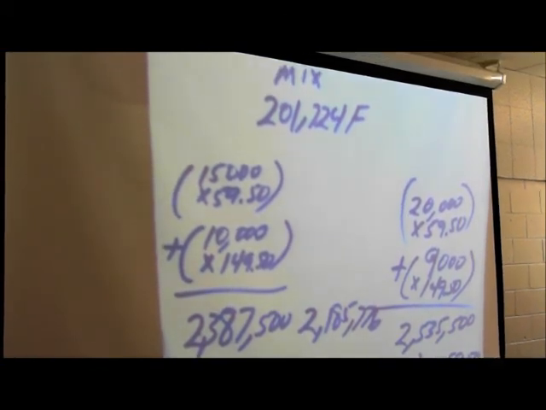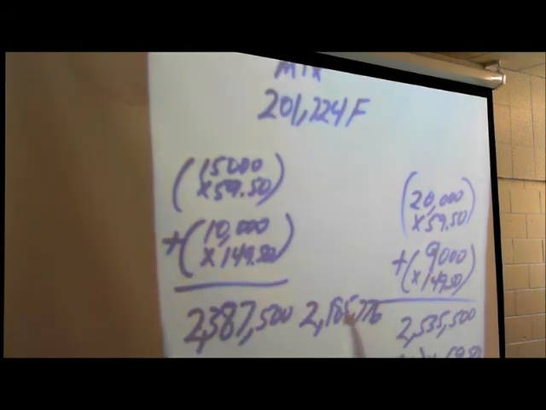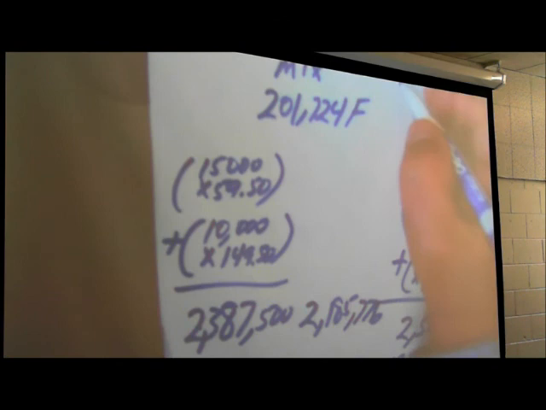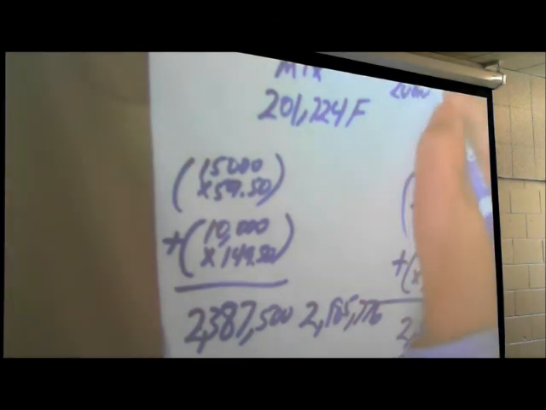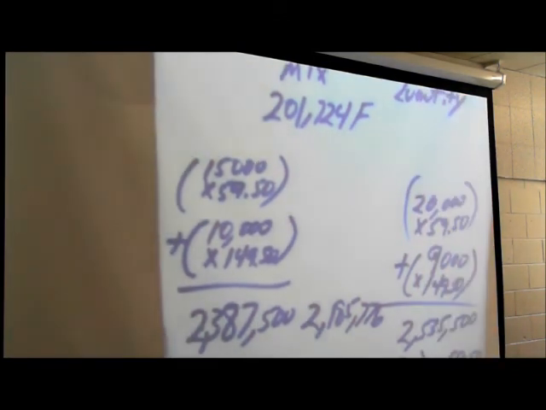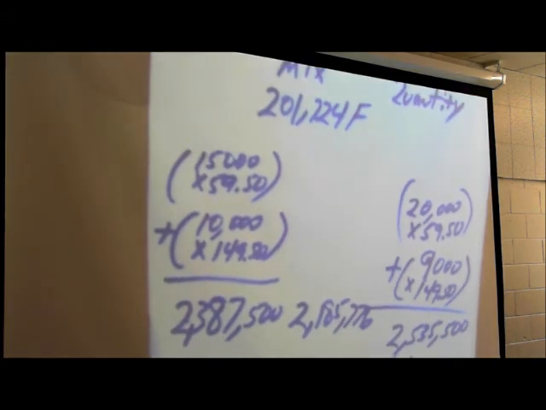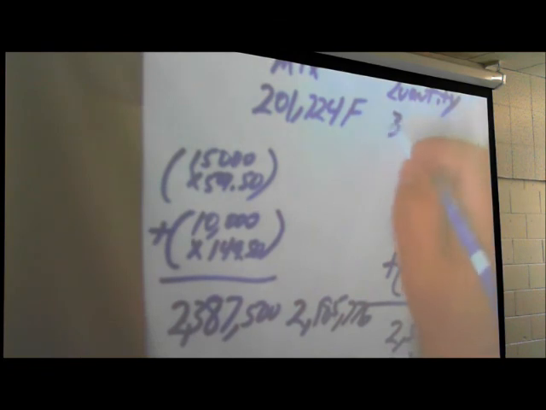Now, the quantity variance is going to be the difference between this number and this. And so 2,535,500 minus 2,185,776. 349,724.